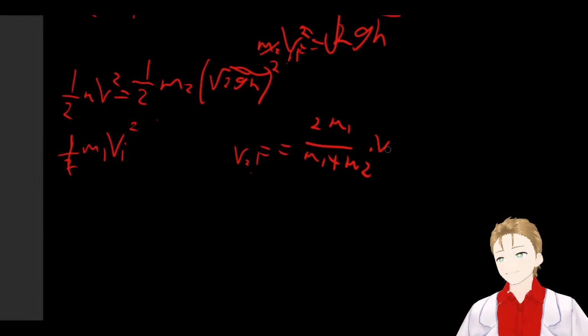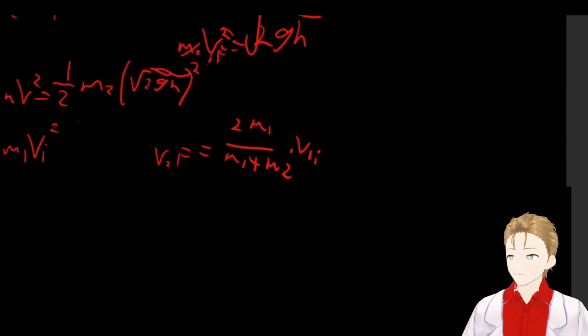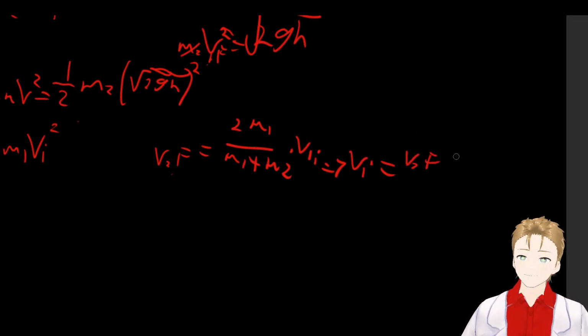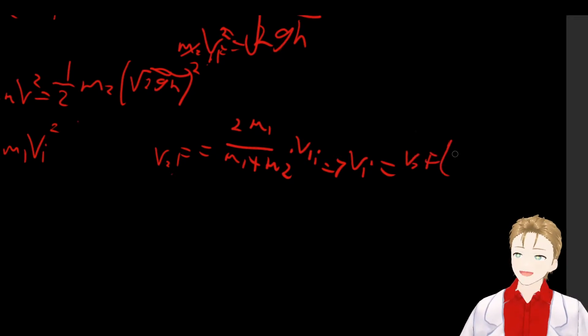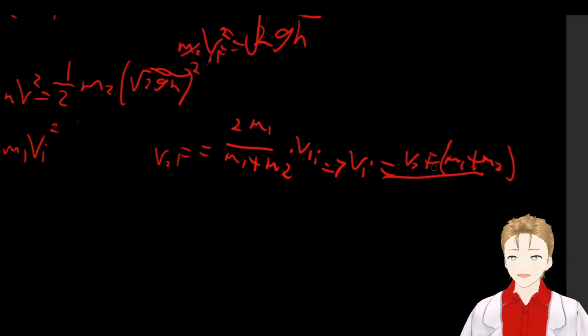The one edition is equal to V2 final times M1 plus M2 all over 2M1.